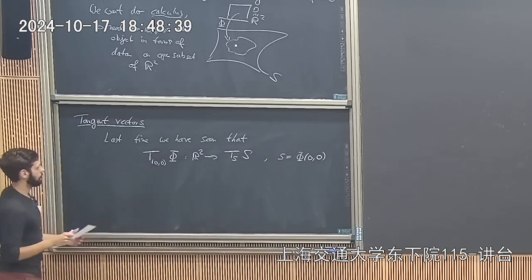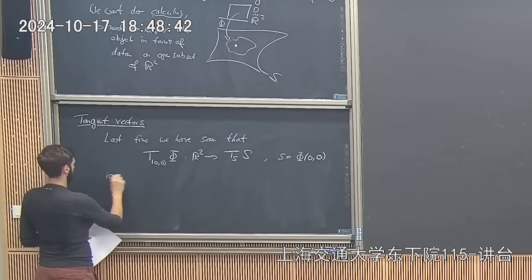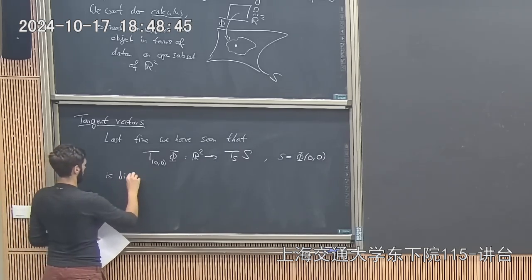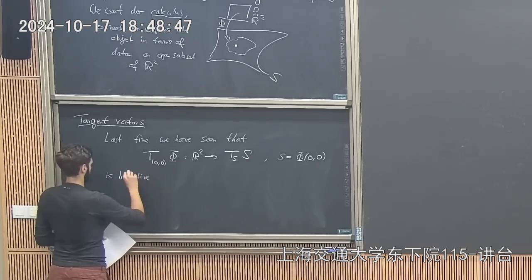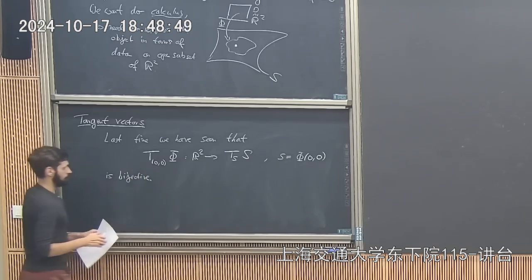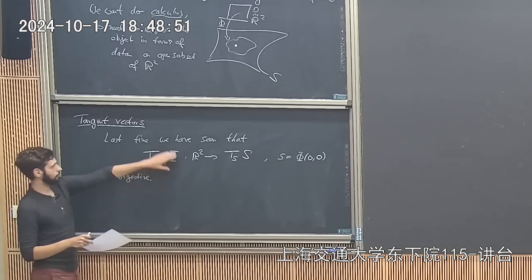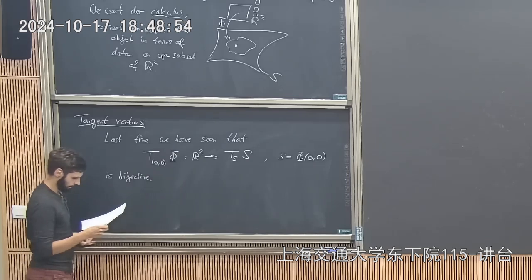And this map we have seen is bijective. And that used essentially that phi is non-degenerate.